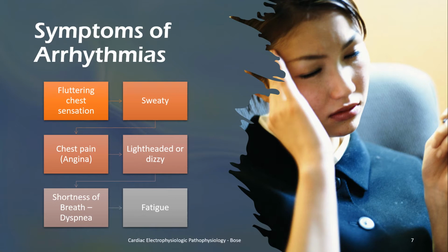Therefore, the symptoms of arrhythmias can vary. At the very least, it can have a fluttering sensation in the chest. Patient may report sweating. Pain in the chest can occur. Lightheadedness or dizziness may occur. Shortness of breath, and then fatigue. These are related to lack of adequate cardiac output.